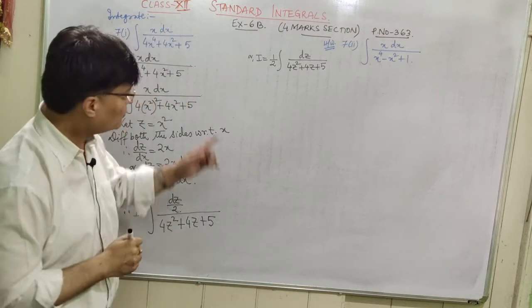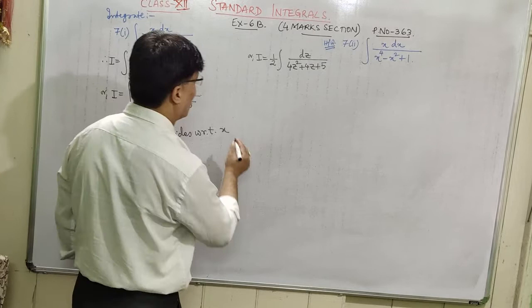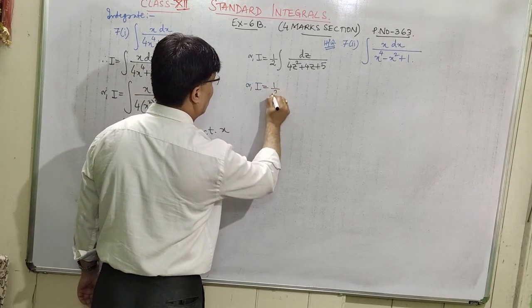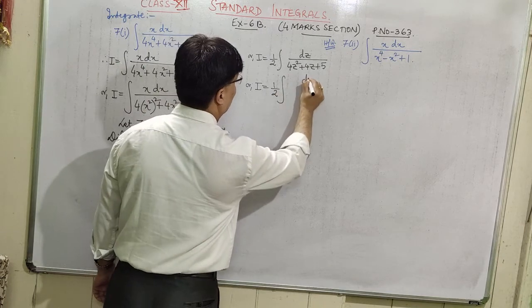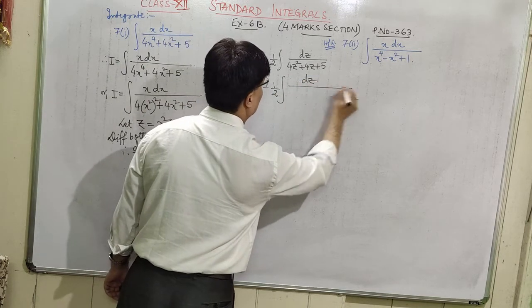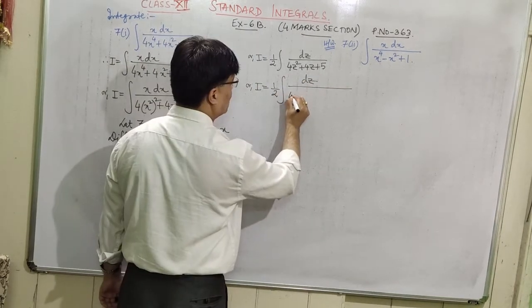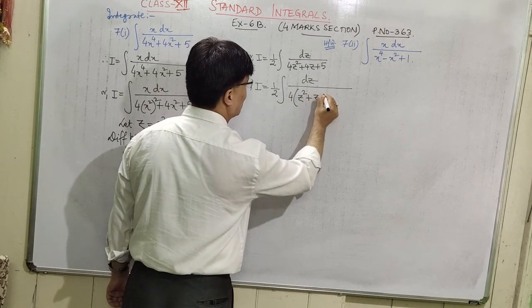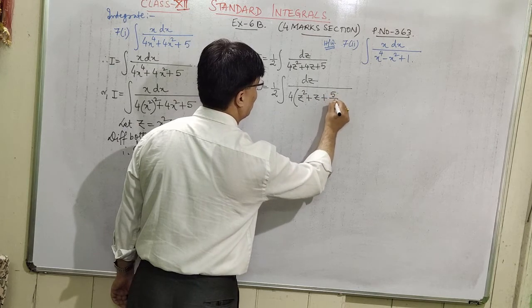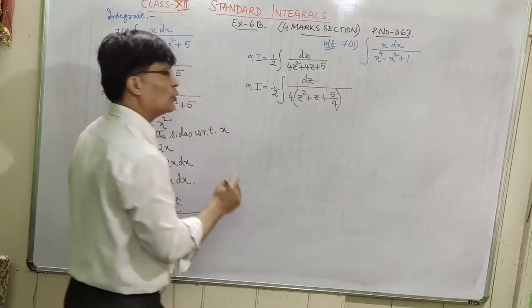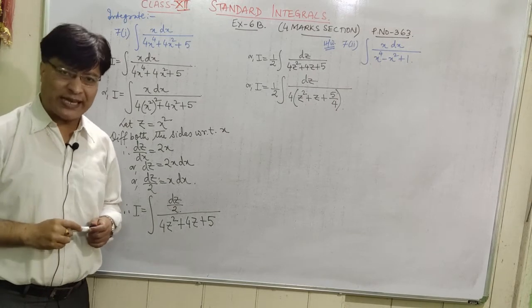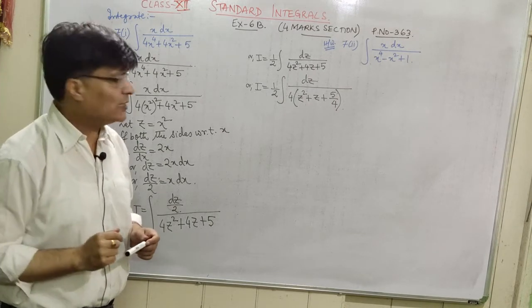Is that clear? So let us take this 4 common out here, or I is equal to half integration of dz divided by, here 4 is taken common, so within bracket z square plus z plus 5 upon 4. So to make the coefficient of z square as positive 1, you take 4 as common in this case.